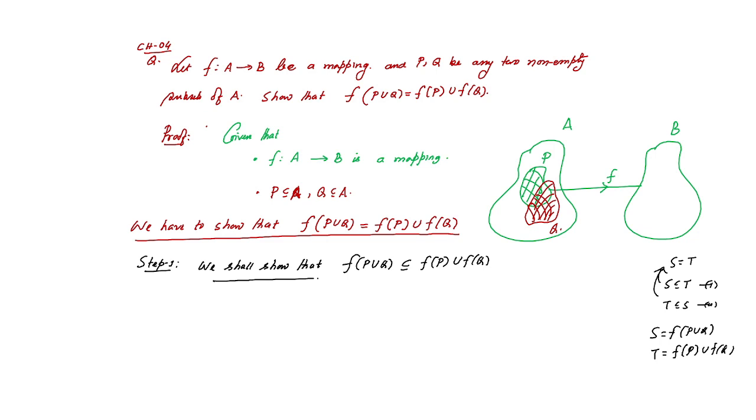This is our step 1. We have to show this part first. Then we will show the reverse part, that means f(P) union f(Q) is a subset of f(P union Q).